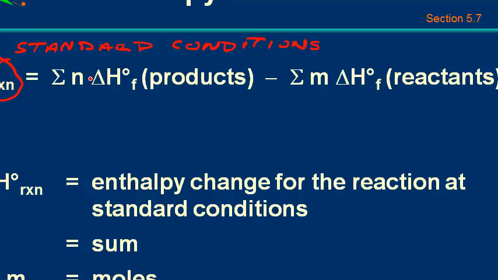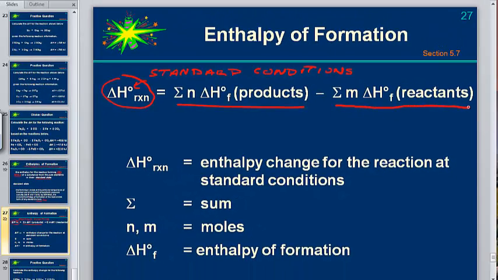The way we calculate the delta H for a reaction using enthalpies of formation is really simple. We simply add up the enthalpies of formation of the products, and we subtract the sum of the enthalpies of formation of the reactants.